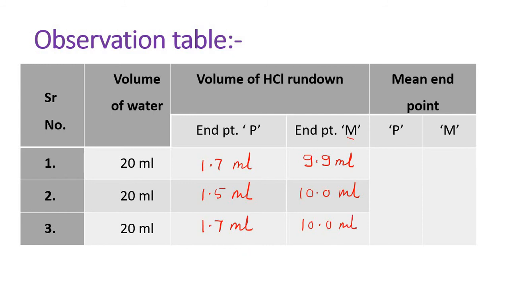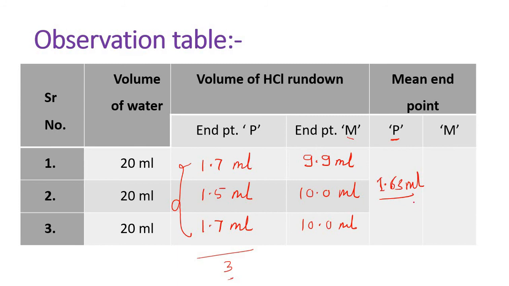Now you have to calculate the mean. So how is this mean calculated? You have to add these 3 values and divide by 3. Then you will get the P endpoint. So the P endpoint is 1.63.